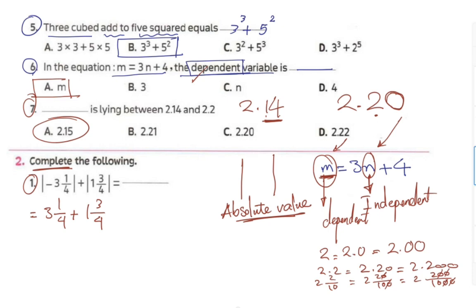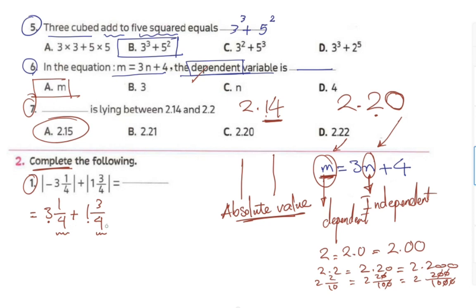Okay, when you add, you need to be careful here. We have two numbers, and these two numbers are mixed numbers, right? To add them, I will add the whole number to the whole number, and the fraction with the fraction. First, look at the fractions.